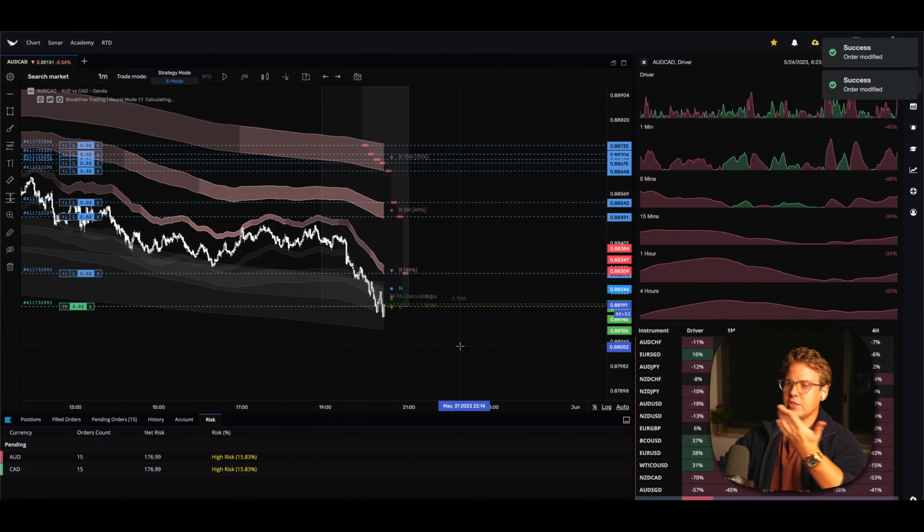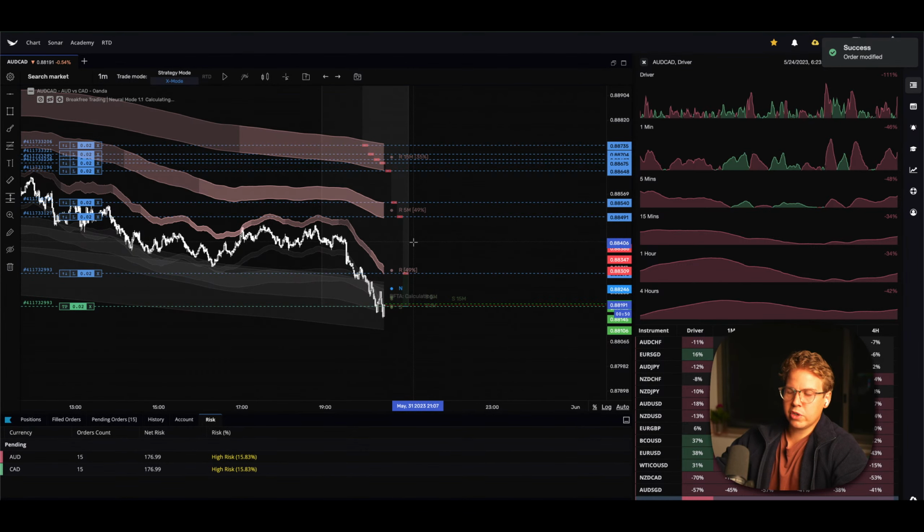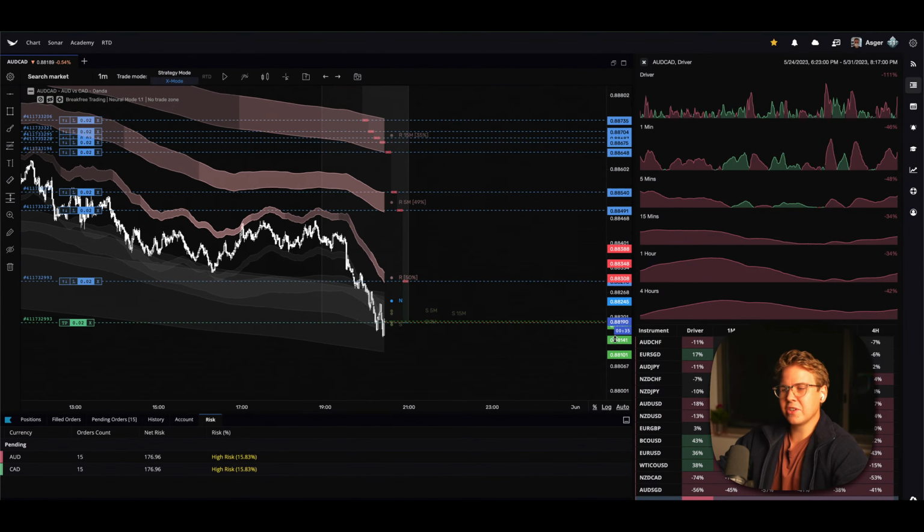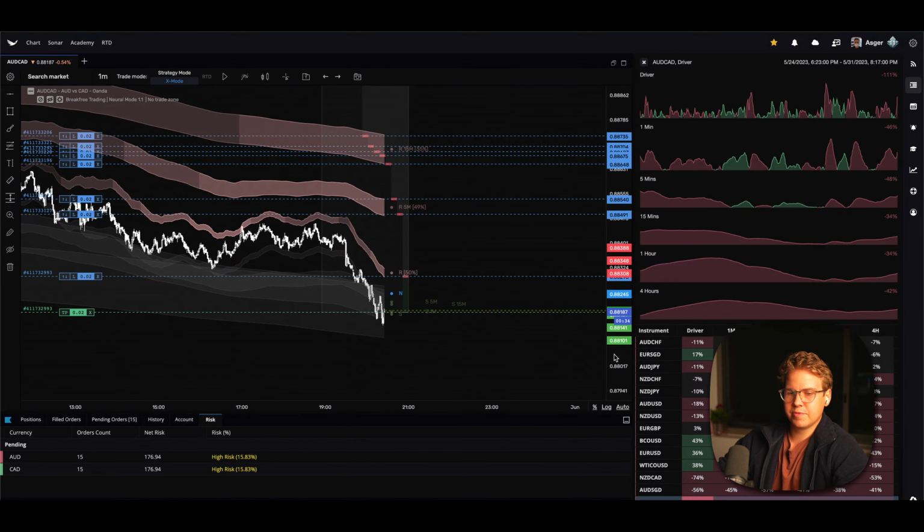It really depends on what kind of market. And for these 5 minutes, again, I think it's perfectly fine to target these bands that you see down here that are all stacked together. You can see that the 5 minute, 15 minute, 1 hour, it's all stacked together. This is where you TP, right?